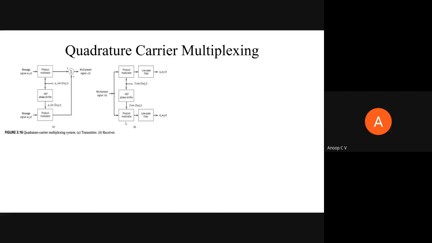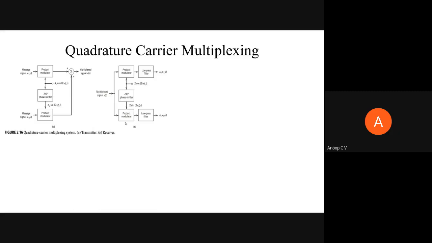In fact, it was an issue with a DSBSC receiver, but the same thing can be used to multiplex two different baseband signals, m1(t) and m2(t), which have the same maximum bandwidth of W, and we can transmit them through a channel with bandwidth equal to 2W.